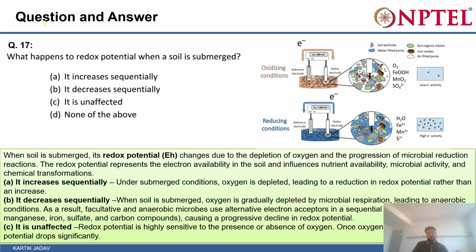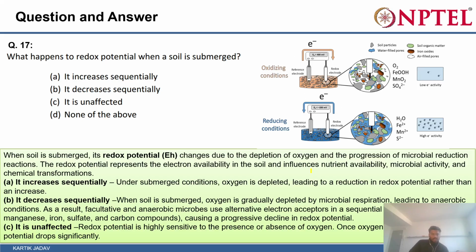And next question, what happens to redox potential when soil is submerged? We know that when soil is submerged, its redox potential changes due to depletion of oxygen and progression of microbial reduction reactions. Redox potential represents the electron availability in the soil and influences nutrient availability, microbial activity, and chemical transformation.